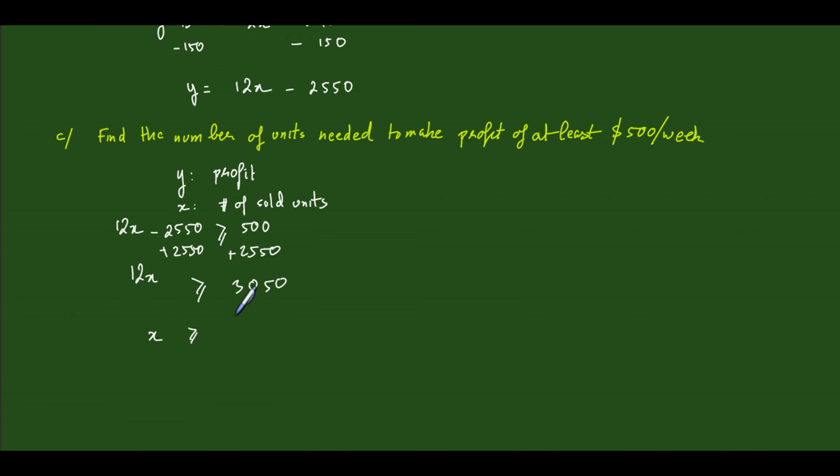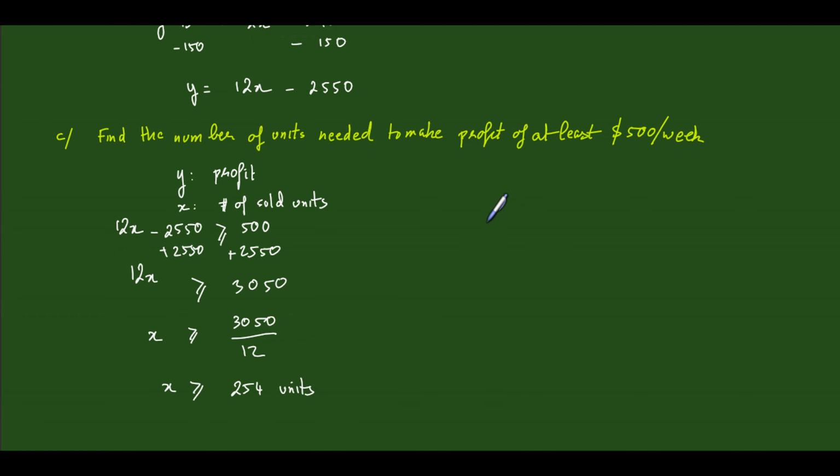Then x will be greater than... you divide both sides by 12. 3050 divided by 12, so you will have 254. So x will be greater than 254 units.